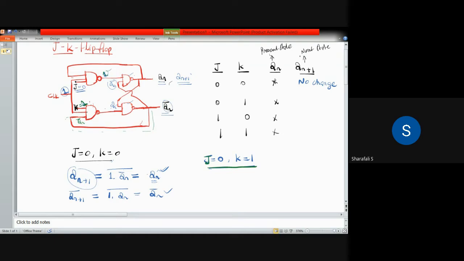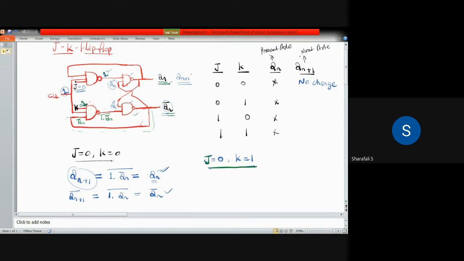So we take first the clock. Clock is 1, so the clock is active. Then we have to consider Qn bar, which is taken from this output to this input of this particular line. So 1 dot Qn bar will come here. So I will write here 1 dot Qn bar whole bar. This is the output of the first NAND, which goes as an input to the next NAND gate, along with this Qn.